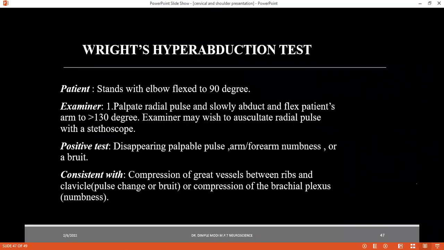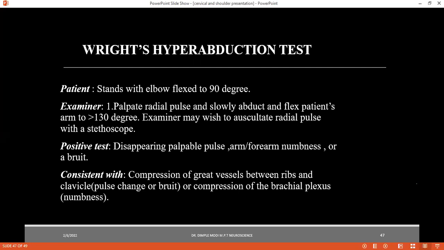And there is one right hyperabduction test. In this, you have to stand with elbow flexed to 90 degrees. Palpate the radial pulse.